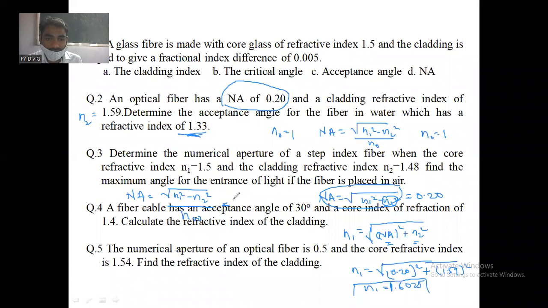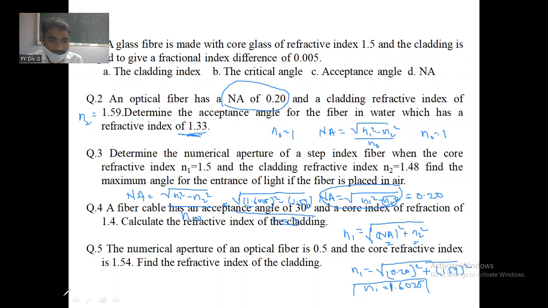रिफ्रॅक्टिव्ह इंडेक्स. n1 किती आला आपला? 1.6025 square minus what is the n2, already given. n2 is equal to 1.59, whole divided by refractive index of the water medium 1.33.